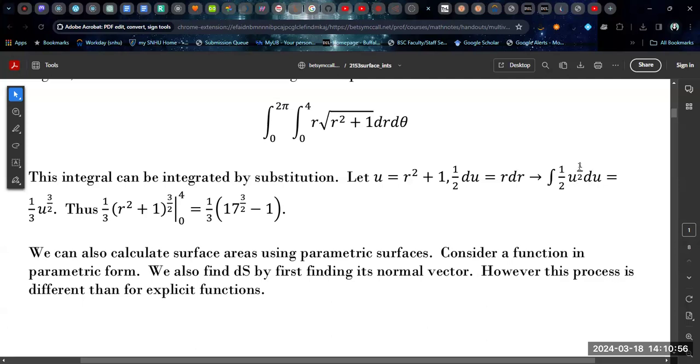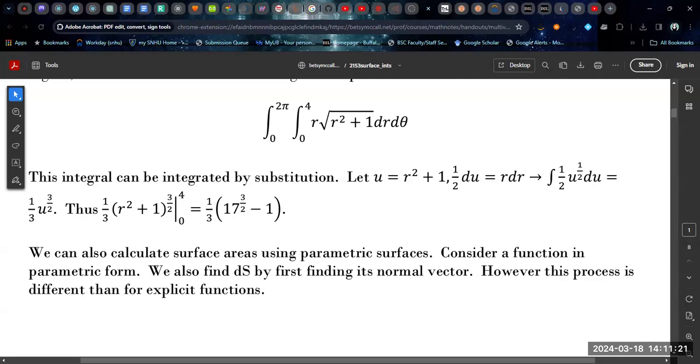We have u to the 1/2, and then we end up integrating, getting 1/3 times r squared plus 1 to the 3/2, and then plugging in 0 and 4. Like many arc length problems, our surface area problems also end up with these weird 3/2 powers and stuff.